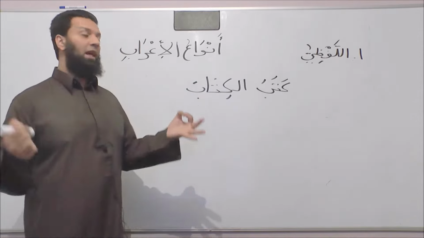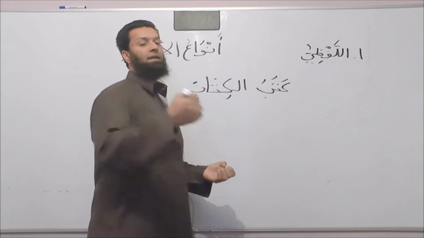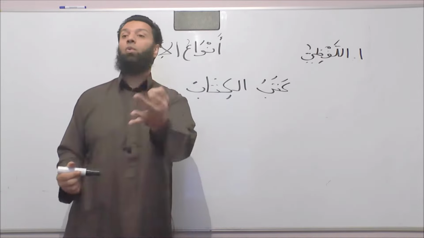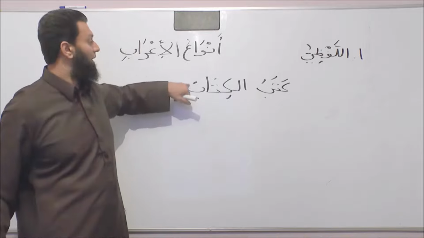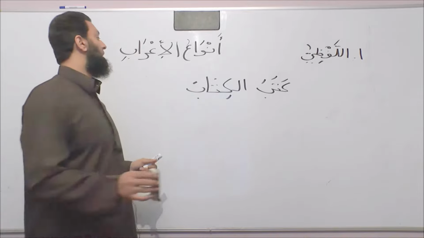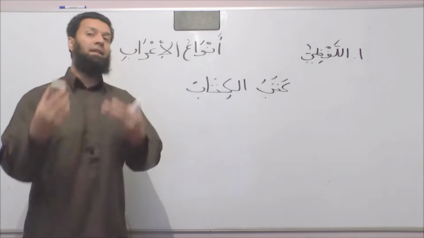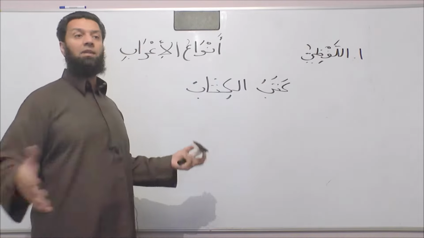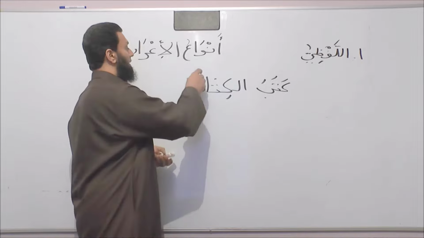And again, if we were to ask ourselves, what is the indicator that it is mansubun, we would say alamatu nasbihi al-fathatu al-dhahiratu fi akhirihi. We said that the indicator is a fatha, which is dhahiratu, which is apparent, manifest upon the end.